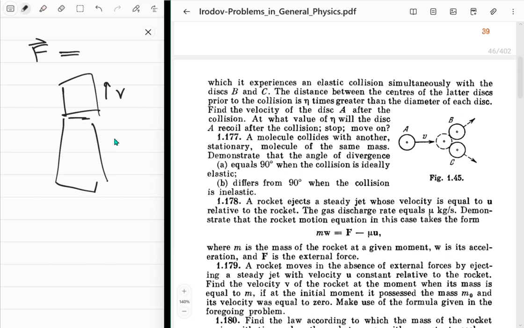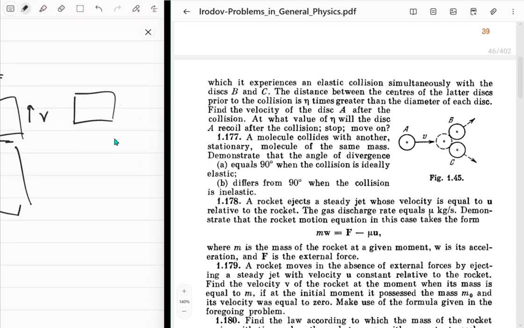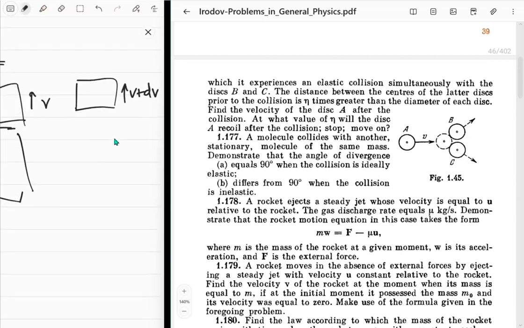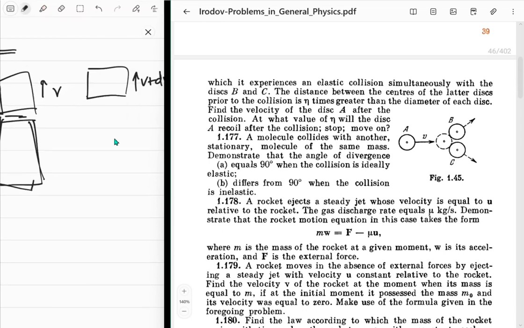So after time dt, this guy's velocity has changed to v plus dv. All the particles that were ejected before the start of this dt still move with the same momentum, so no need to worry about their change in momentum.